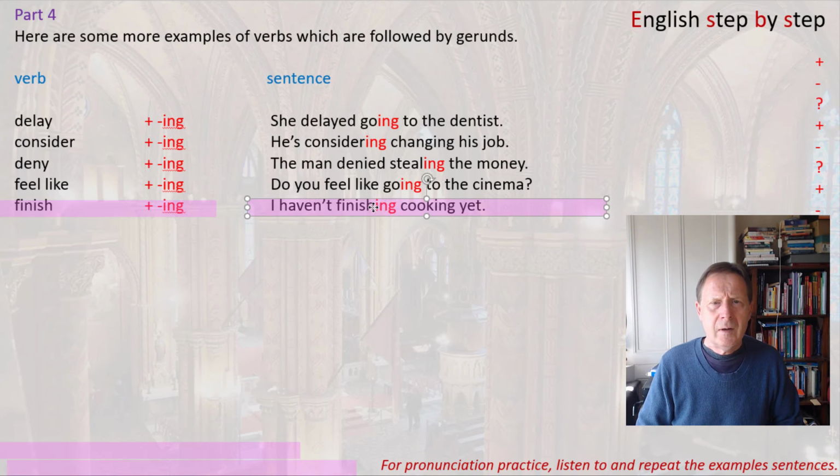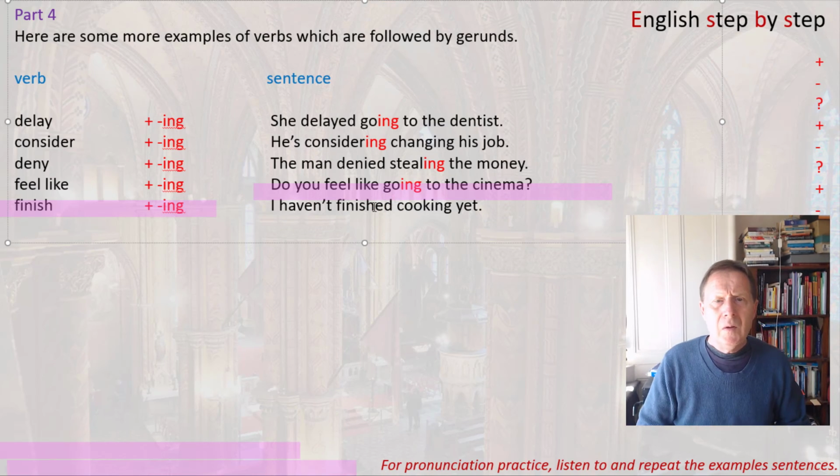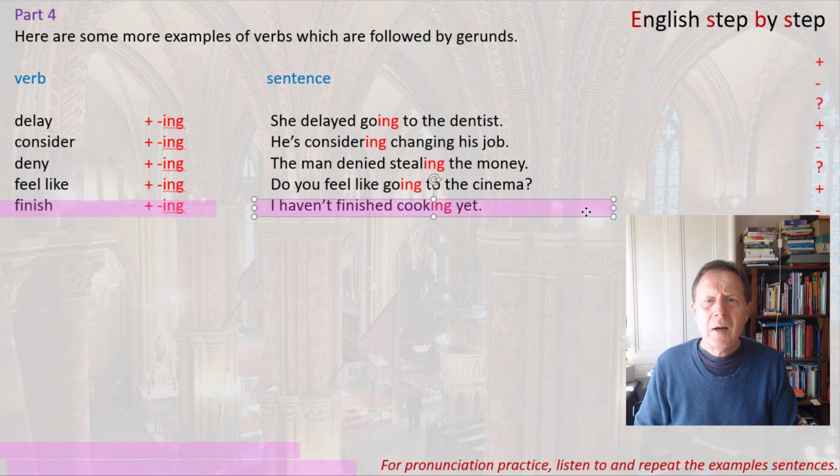Whoops, sorry, I made a mistake here. It should be, I haven't finished. I haven't finished cooking yet. So there we have the ing with the gerund form on cooking. So we could also use started. I haven't started cooking yet. So finished and started are also followed by the gerund.